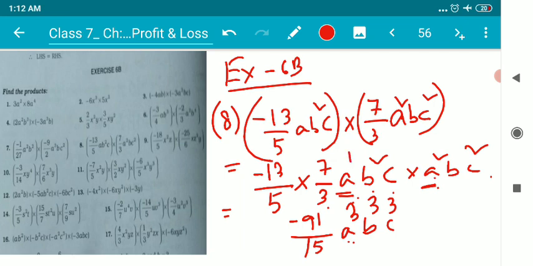So 2 and nothing means 1, so 2 plus 1 is 3; b square, b to the power 1, 2 plus 1 will be 3; c into c square, c to the power 1, will be c to the power 3. So this is how we have to deal with this kind of questions. I hope it's absolutely clear.